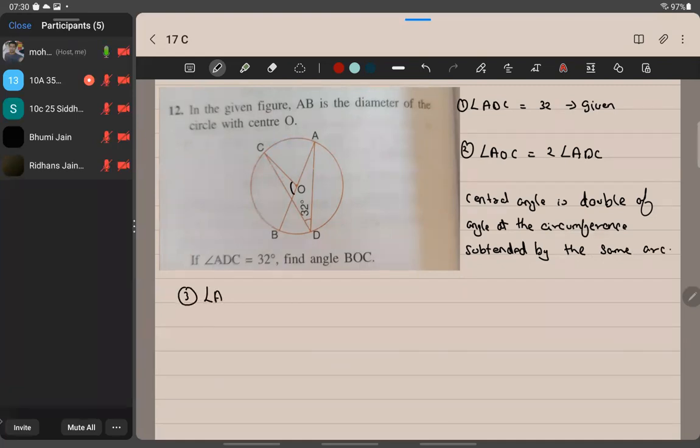So therefore, angle AOC is equal to 2 into 32, that is equal to 64 degree. So this part is 64 degree.